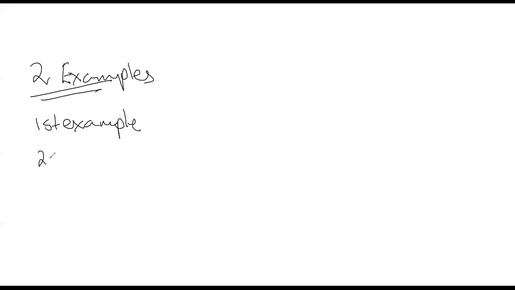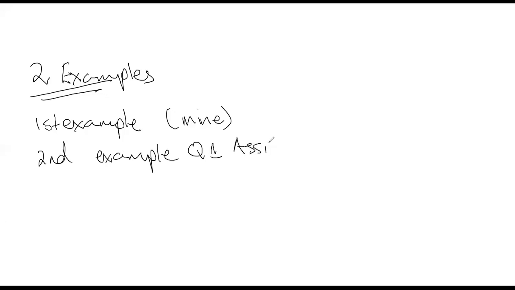The first example is going to be my own example, just to introduce you to your financial calculator so that you get comfortable with it. And then the second example is going to be question 1 from assignment 1.